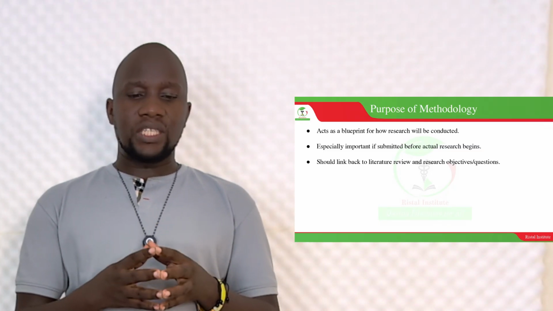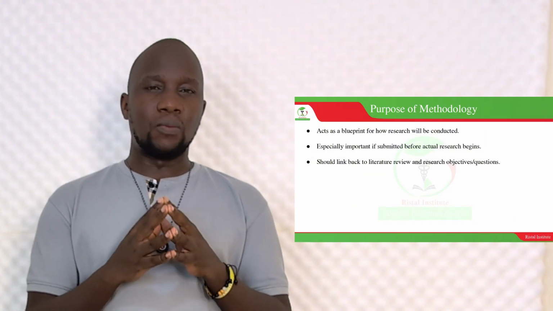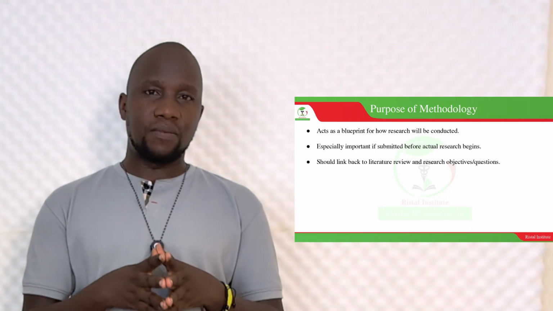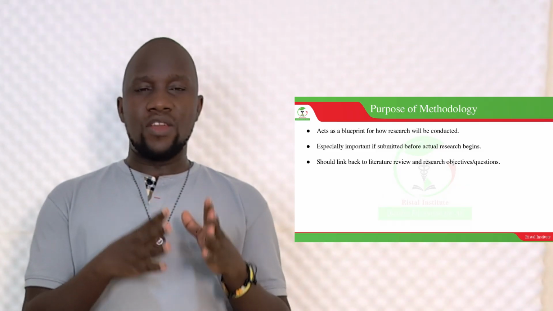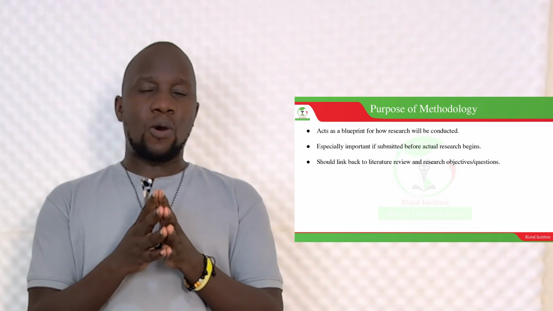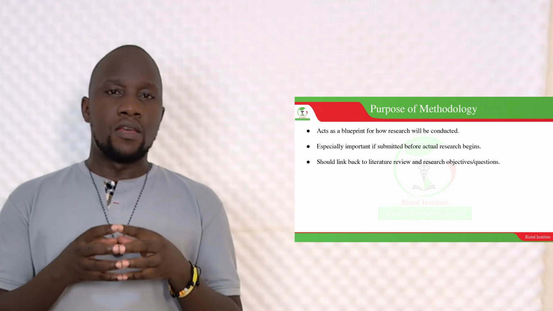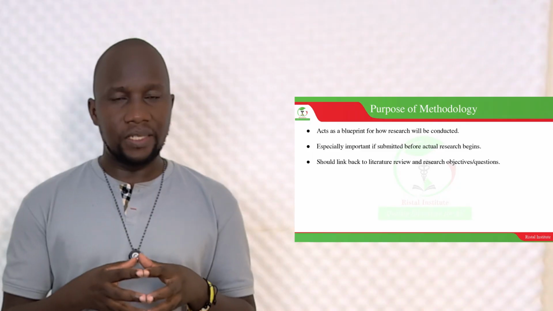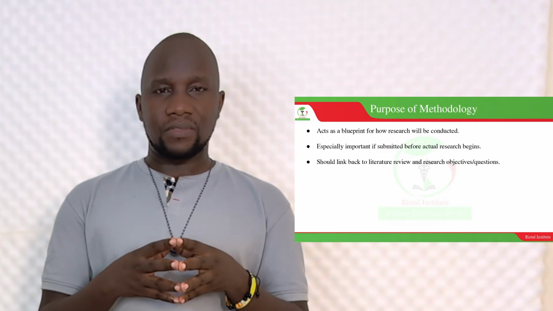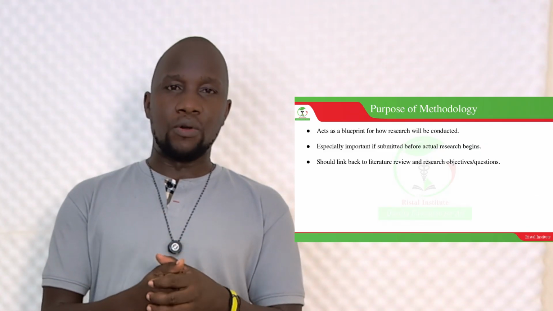So it is very important that the research methodology is well looked at by your supervisor and approved, such that when you go into data collection, you are collecting what you set out to collect. If the research methodology is not looked at critically, you will end up with data that does not align very well with your research.